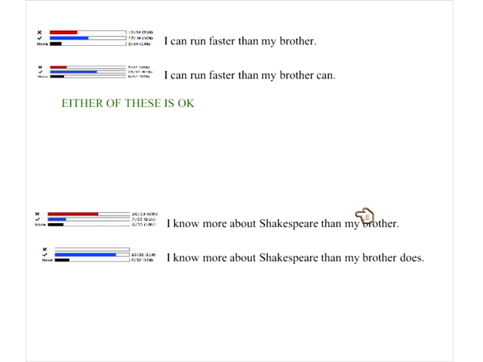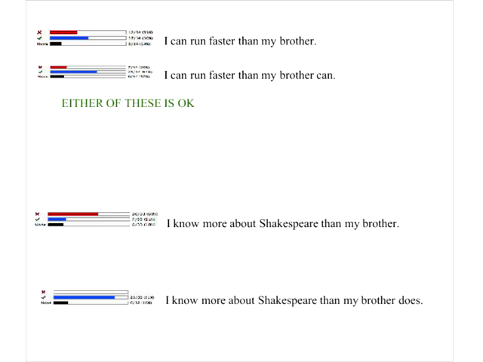Yeah, this is an ambiguous meaning, right? This could mean two things. This could mean I know more about Shakespeare than my brother knows about Shakespeare. That's one thing that it could mean.